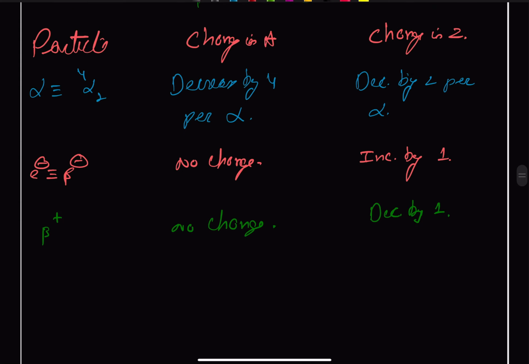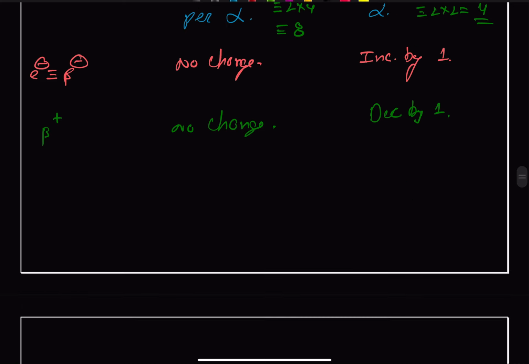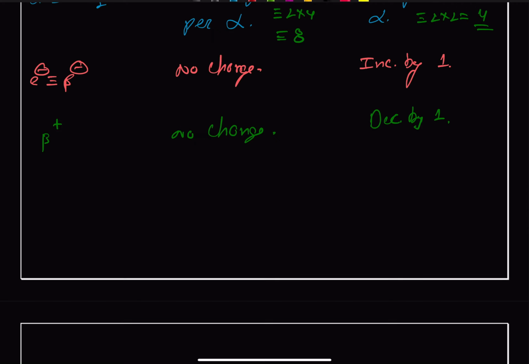So we are having 2 alpha particles, so therefore there will be a total of 2 into 4, that is a decrease of 8, and this will be also 2 into 2, decrease by 4. In this case the rest are single terms, so that doesn't matter. So let us first of all find out our mass number.